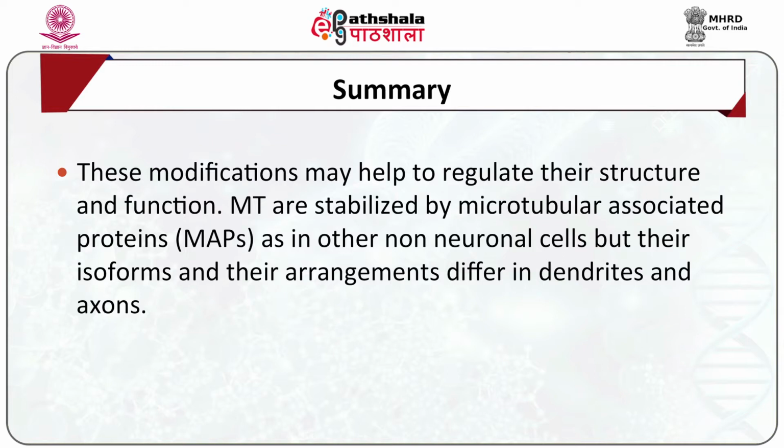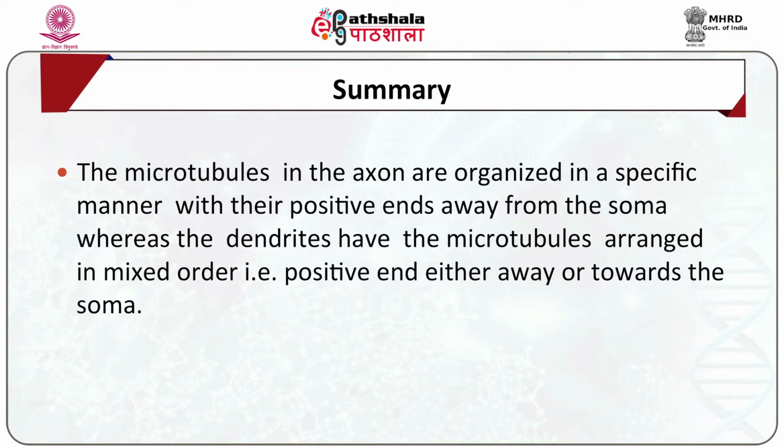Microtubules are stabilized by microtubule associated proteins as in all other non-neuronal cells, but their isoforms and their arrangements differ in dendrites and axons. The microtubules in the axons are organized in a specific manner with the positive ends away from the soma, whereas the dendrites have the microtubules arranged in a mixed order, that is, the positive end either away or towards the soma.